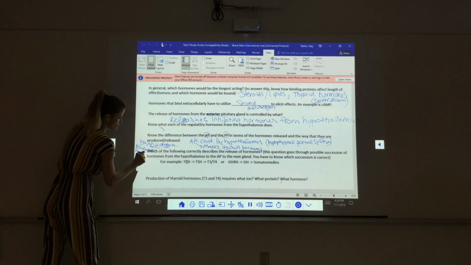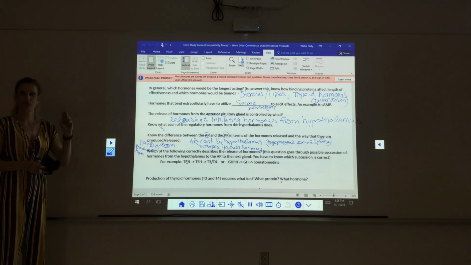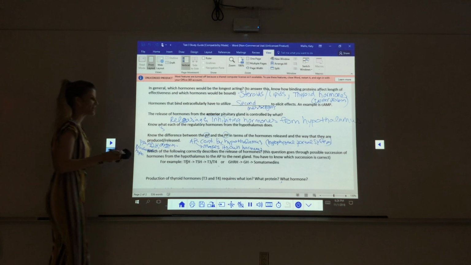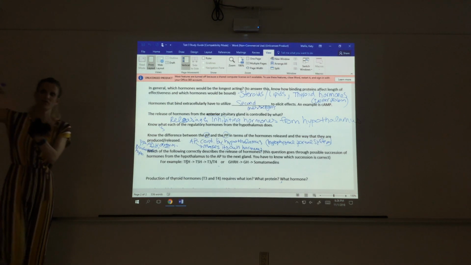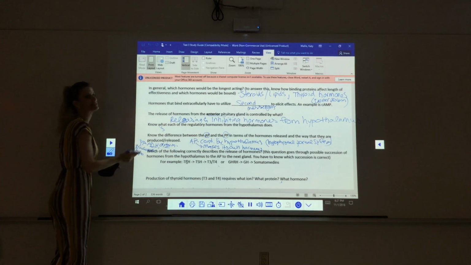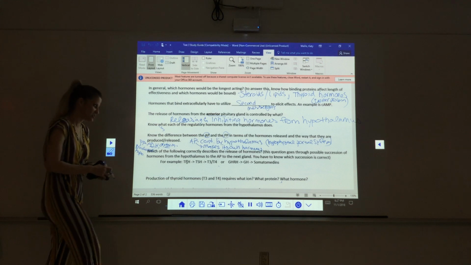They're produced in the hypothalamus. They are not produced in the posterior pituitary. The posterior pituitary does not produce any hormones. They just follow their axons down to the posterior pituitary, and the posterior pituitary just releases them, allowing them to enter the bloodstream. They're not actually made there.